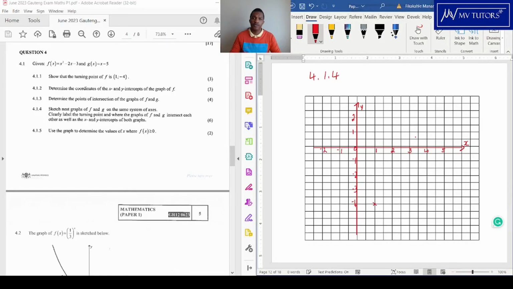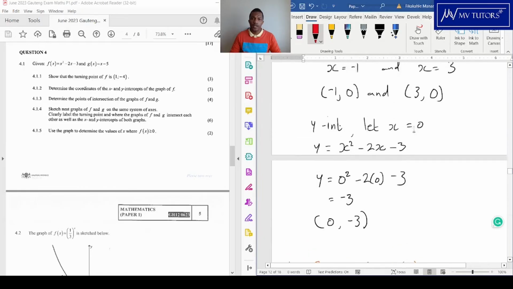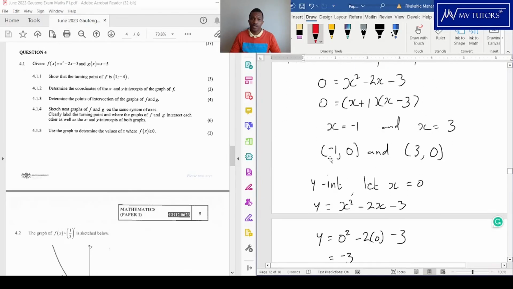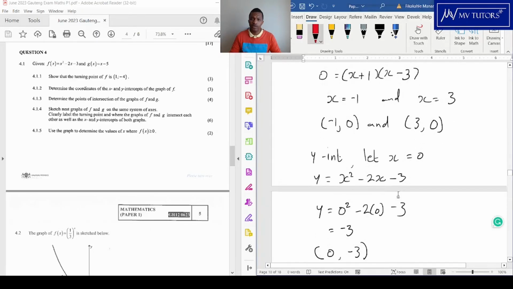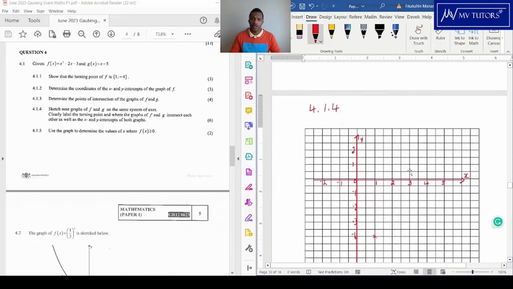Put a cross. The next ones that we solved are the x-intercepts, minus 1 and 3. So we've got points here at minus 1 and at positive 3. Put crosses there.